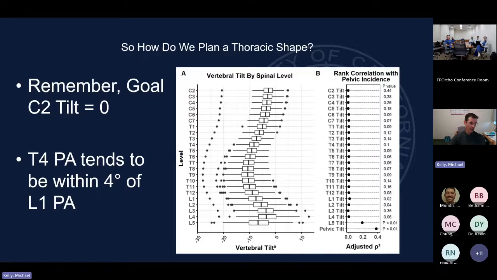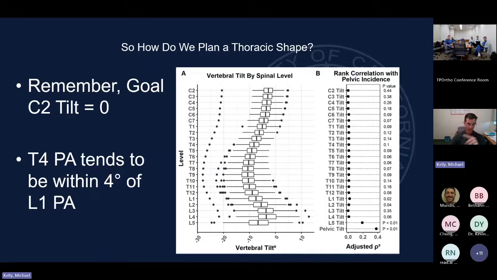This on the right, this is the spline again. Here, the spline of the averages. And what you will see is that L1 and T4 tend to be pretty close to equal. T4 tends to be within 4 degrees of L1. Now, you should not go and say, okay, well, T4 is 50% of PI minus 20. That is not it.